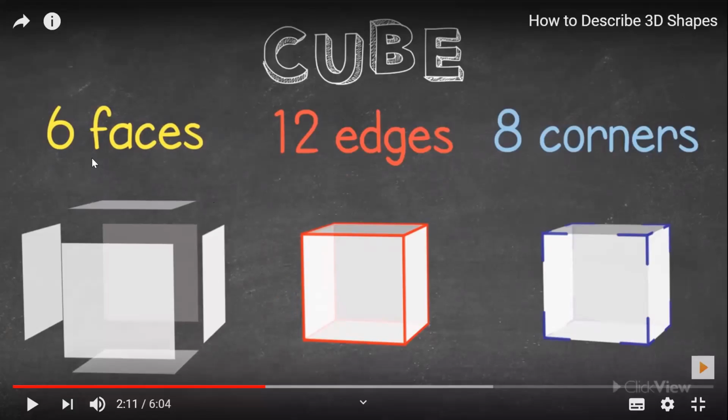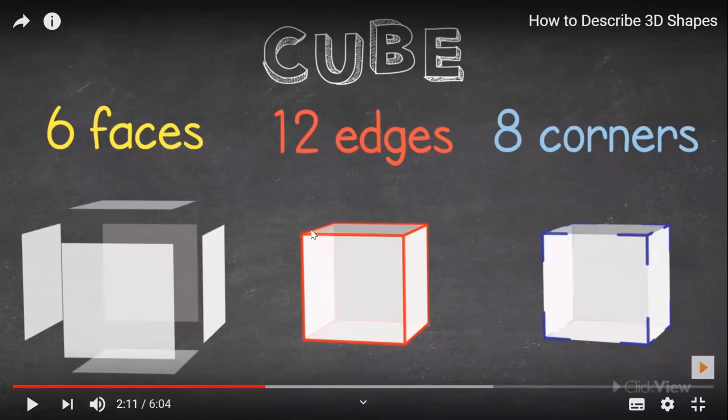It has 6 faces. Look and count with me. Follow the mouse. 1, 2, 3, 4, 5, 6. We call these the faces of the shape. So those are 6 faces for the cube.